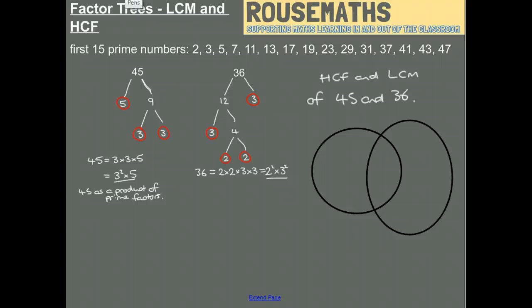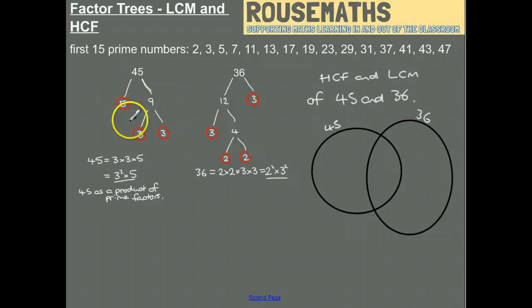So the two ovals are going to basically represent factors of 45 and factors of 36. Now you'll see in red, I mean prime factors, you'll see in red we've got those numbers there. So if you look through, we've got 3's in both.